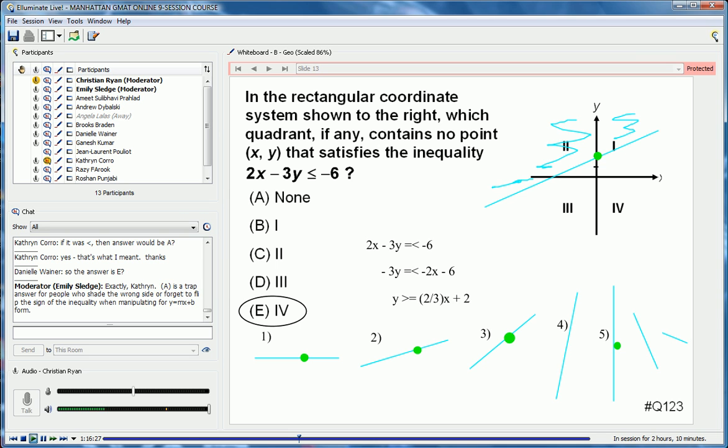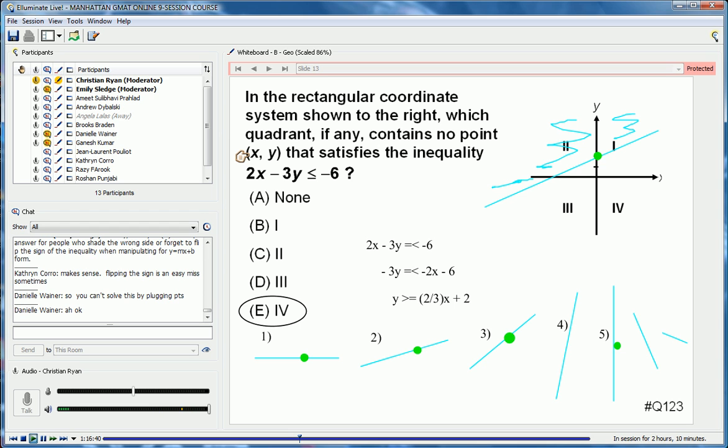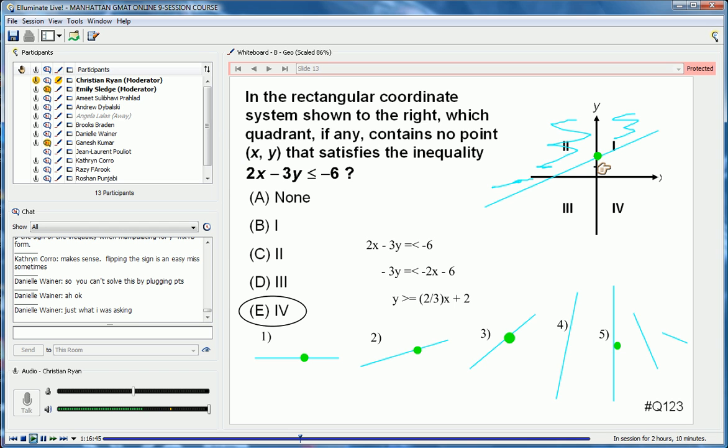By the way, some people try to attempt this problem right away by just plugging points in, like 1, 1, 1, 2, and if you plug in, say, 1, 1, you see it does not work, because actually 0.11, they were clever in choosing this particular inequality. 0.11, which is 1 up, 1 over, it's about where I've got my finger here, does not satisfy the inequality.